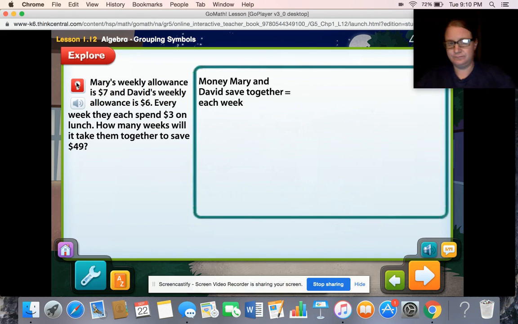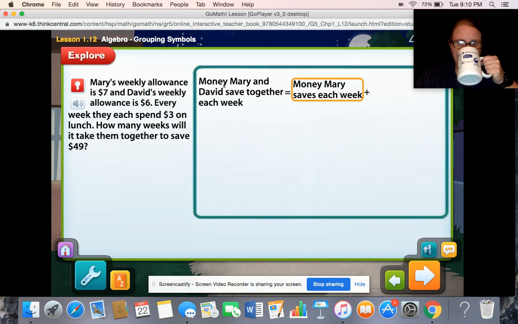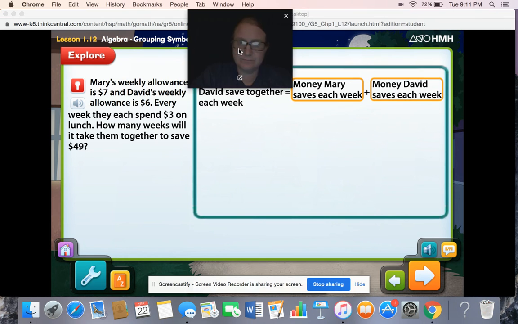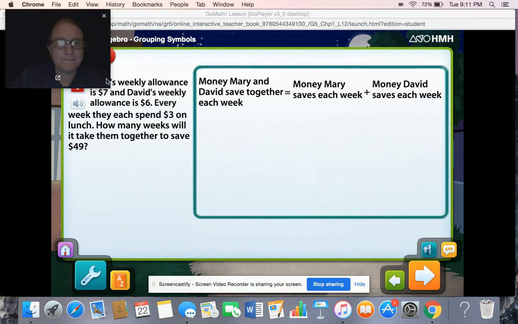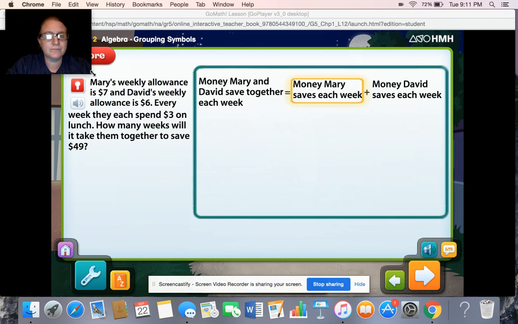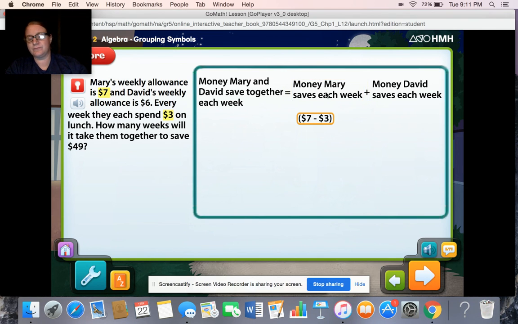First, let's write an expression to represent how much Mary and David each save in a week. You know that the amount of money Mary and David save together each week equals the amount Mary saves in 1 week plus the amount David saves in 1 week. What expression represents what Mary saves in 1 week? $7 minus $3.